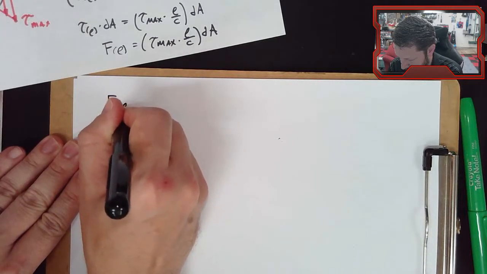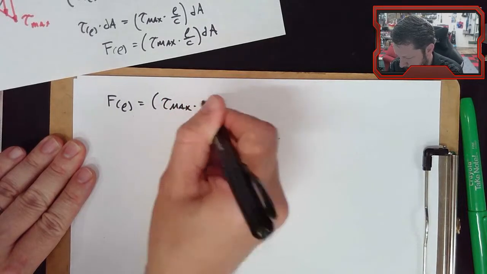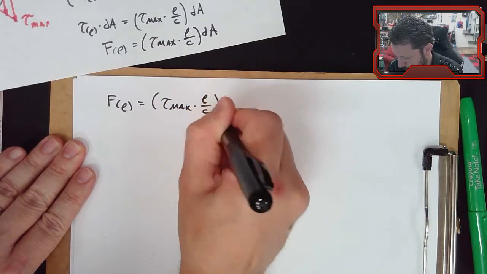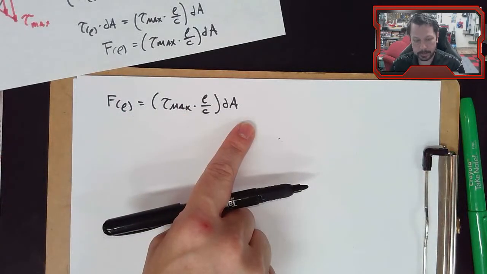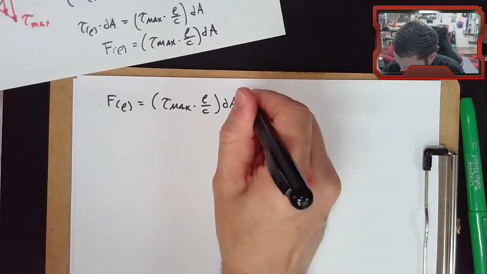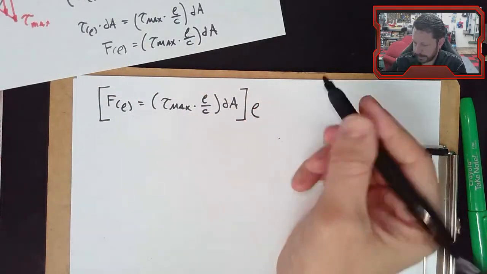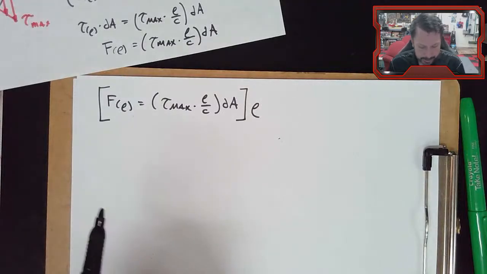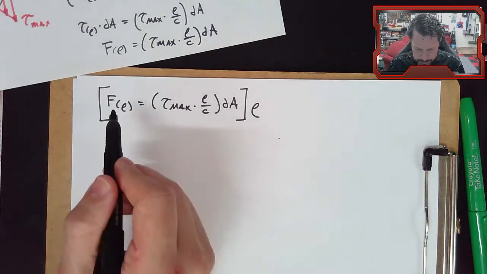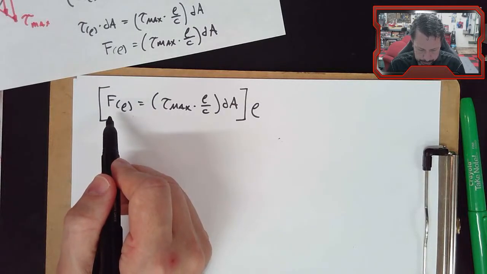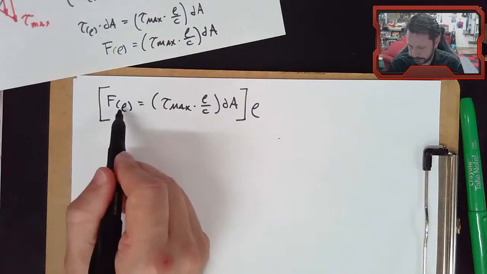F as a function of rho equals tau max times rho over c dA. Let's multiply this whole thing times rho. All right, now I have rho times a force.